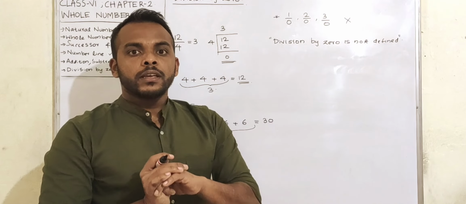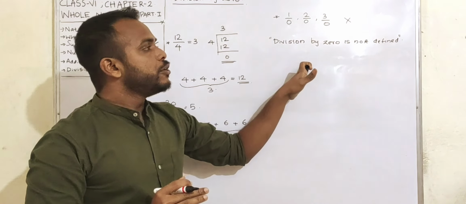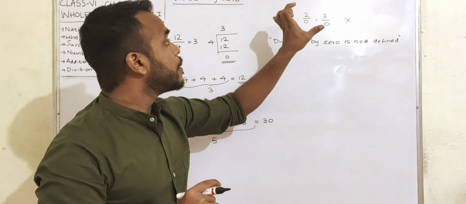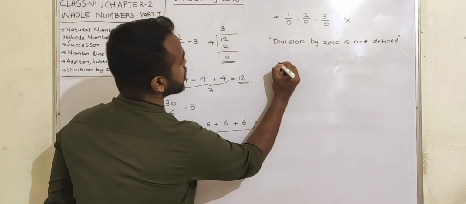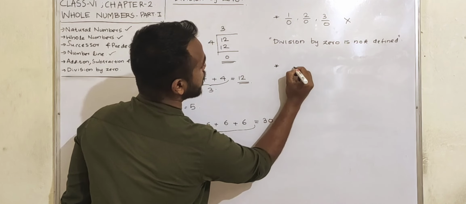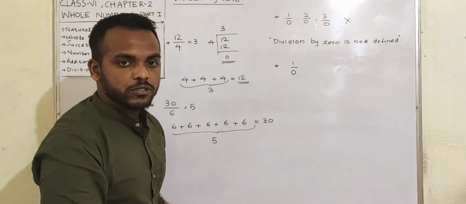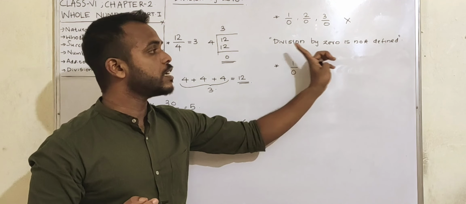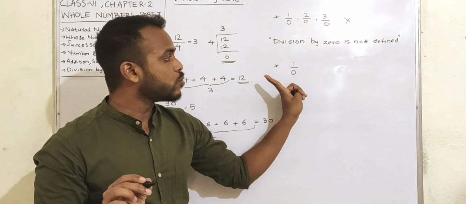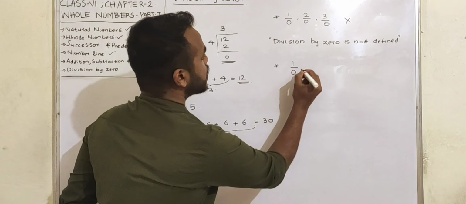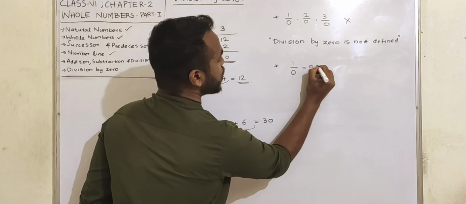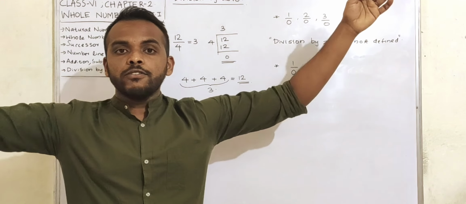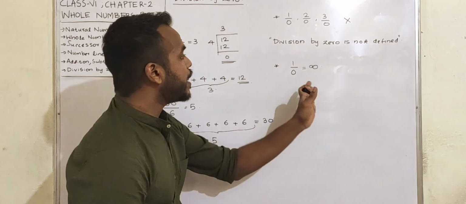Another thing, we used to represent it by a symbol to do our problems. Let's see what that is. Suppose we have a problem 1 upon 0, or 1 by 0. We don't know. Just as we said here, division by 0 is not defined. So what we can do is approximate this to infinity. That is, if we add an infinite number of zeros, we might get a number.